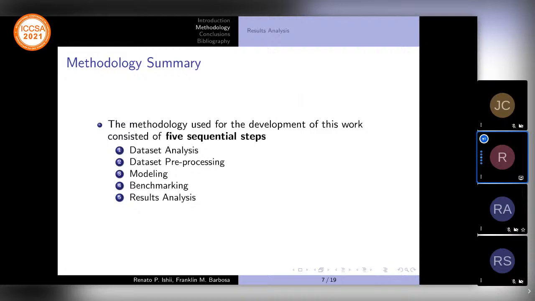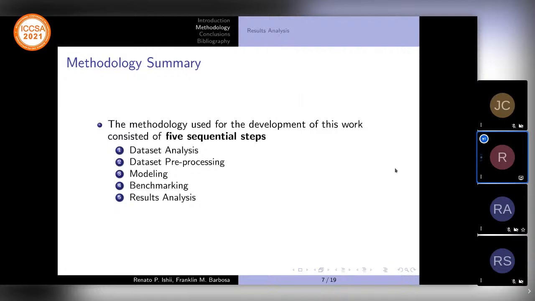The next step of the methodology is the benchmark process, which consists of evaluating the results obtained by the models generated in the previous phase. For the benchmark process, initially metrics related to the success rate of the algorithm will be considered, such as accuracy, precision, recall, and the metrics generated from them.